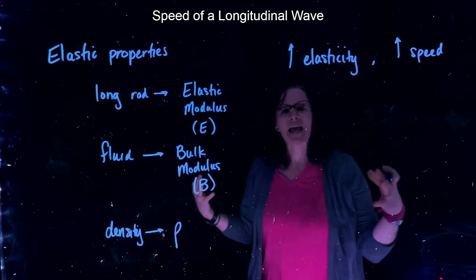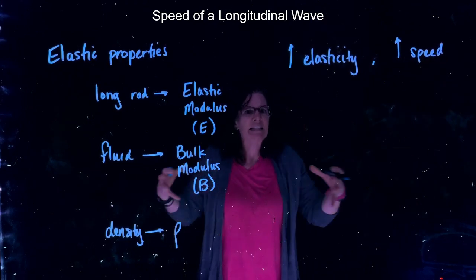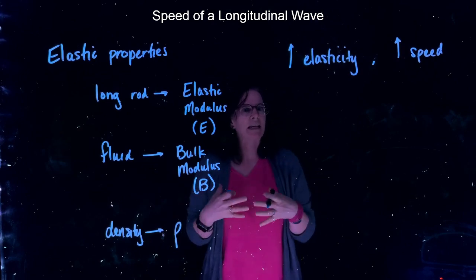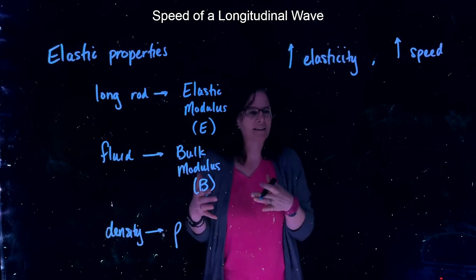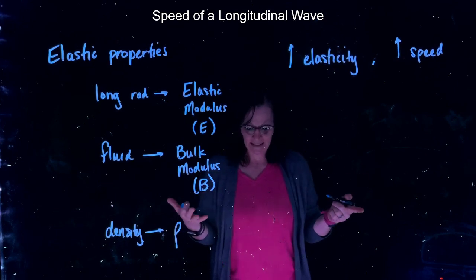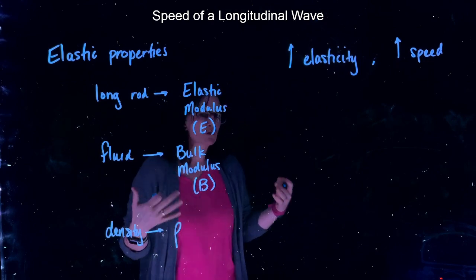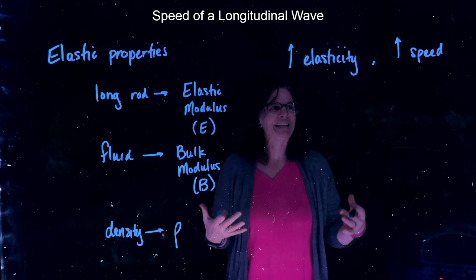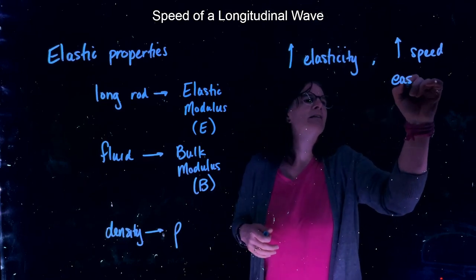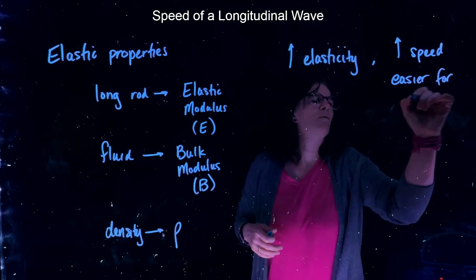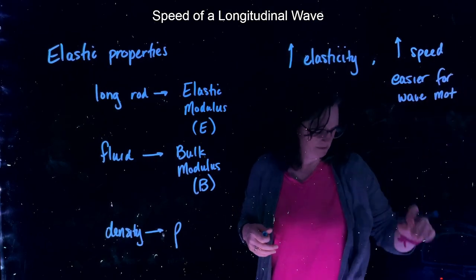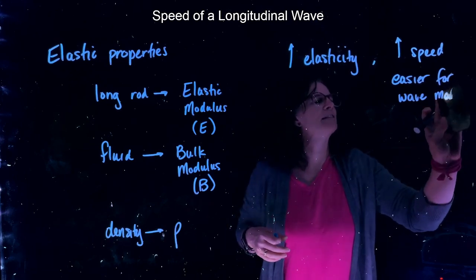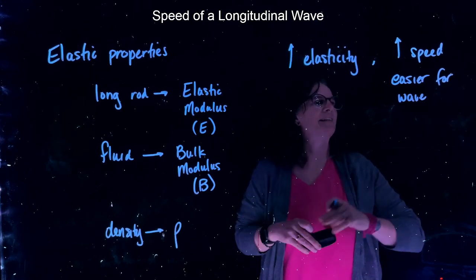It might make some sense that if it's easy to stretch a material, then I can also move those molecules in a compressive and rarefactive way. So increasing the elasticity makes it easier for the wave to move. That's going to increase the wave speed in some capacity.